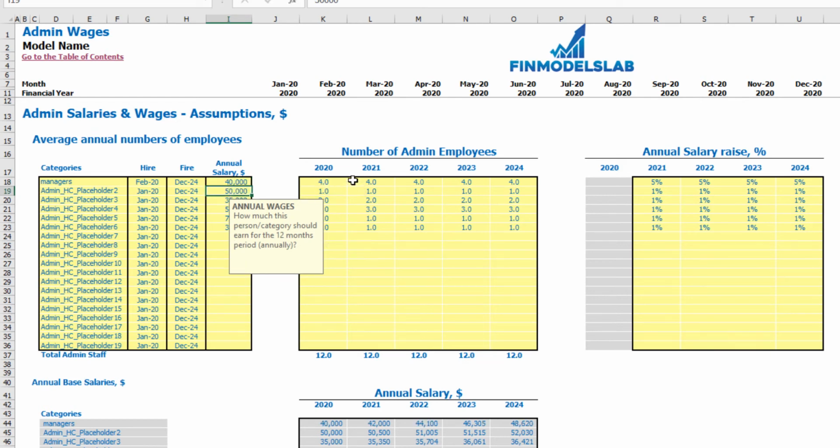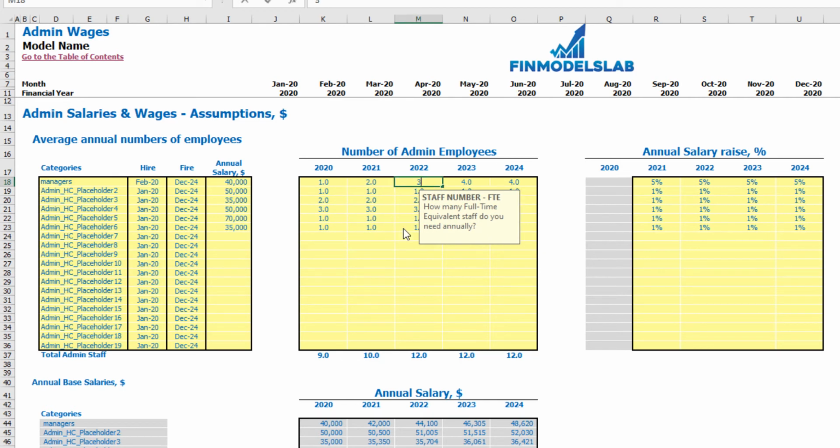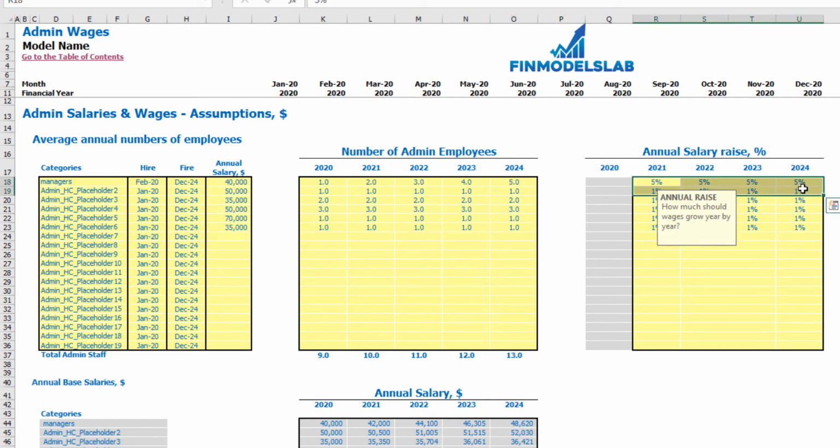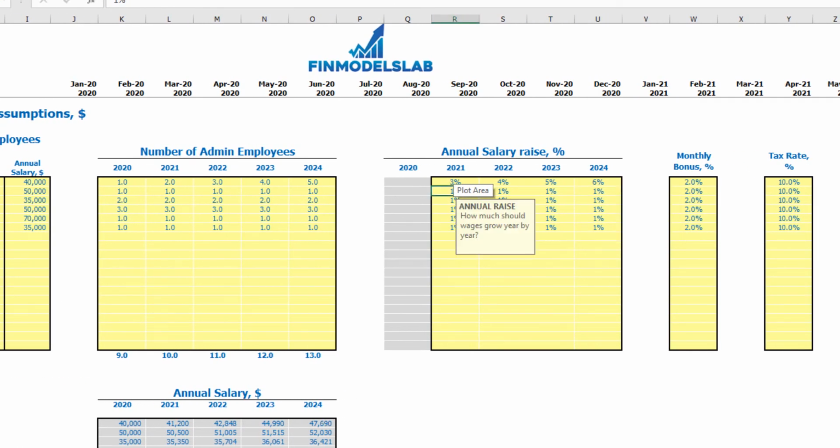Then you should input the number of admin employees. Let's pretend in 2020 it will be 1, then 2, 3, 4 and 5. Then you can also input annual salary rise. So for example 3% of annual salary first year, for next, 5 and 6.